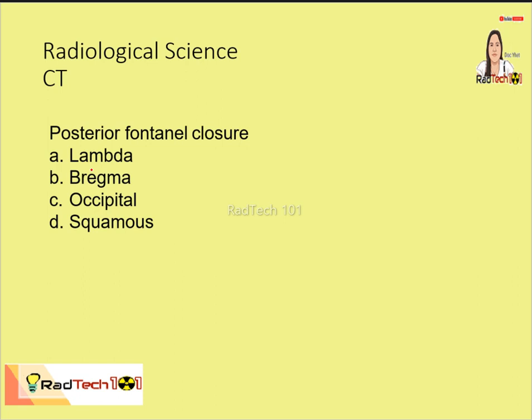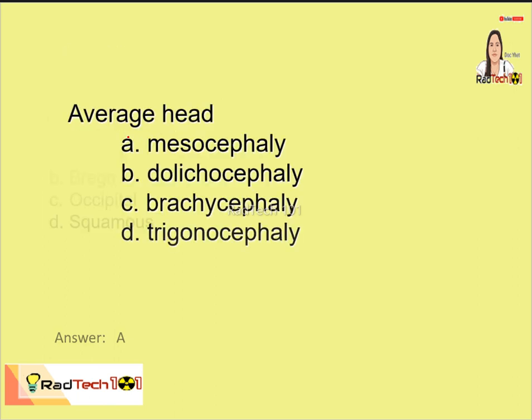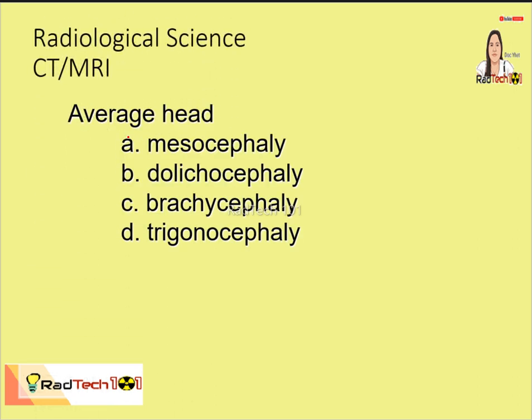So, next, posterior fontanelle. So, ito nga yung ating lambda. Average head. So, yung normal head natin is mesocephaly. Again, dolicho is long, brachy is short.